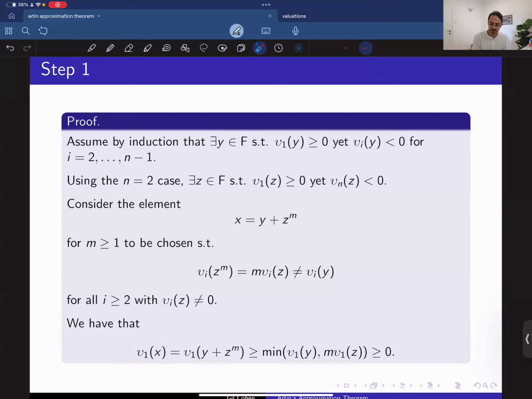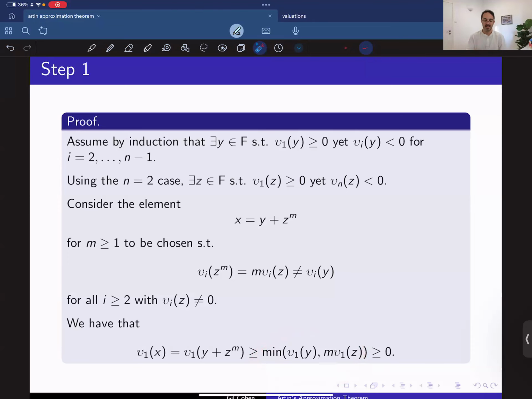V1 of X is, well, X is this thing, so it's V1 of Y plus Z to the M. And by the non-strict triangle inequality, this is at least the minimum between V1 of Y, which recall is non-negative, and M times V1 of Z. V1 of Z is also non-negative, and M is non-negative, so M times V1 of Z is non-negative, and so the minimum of these two is non-negative.